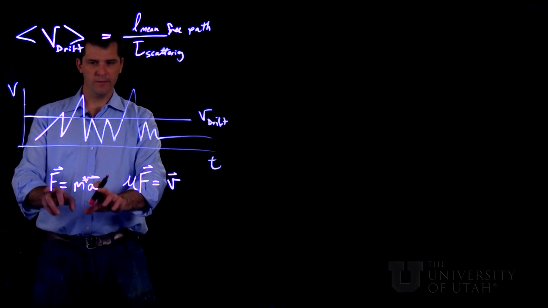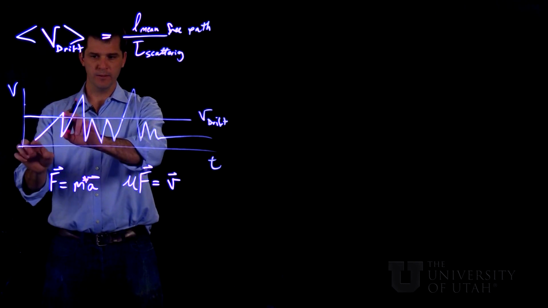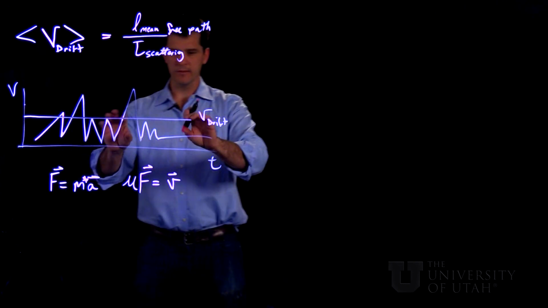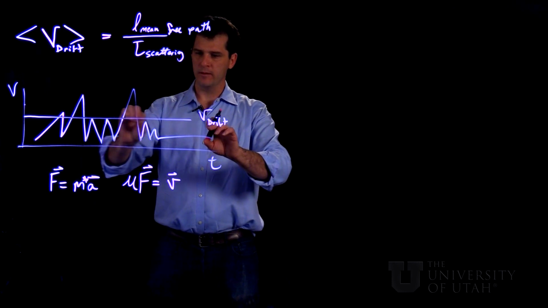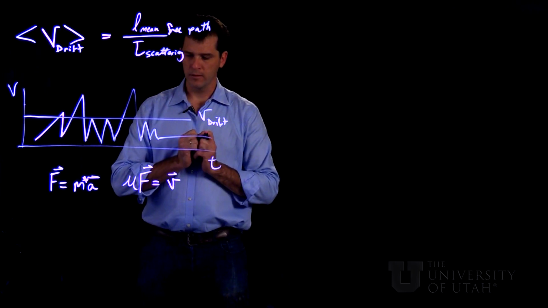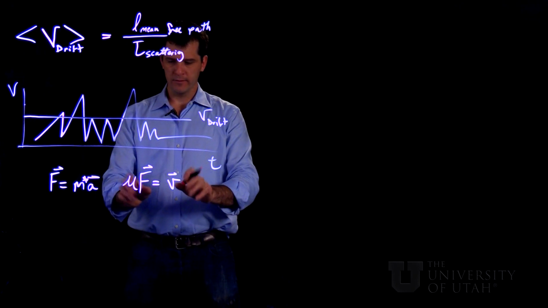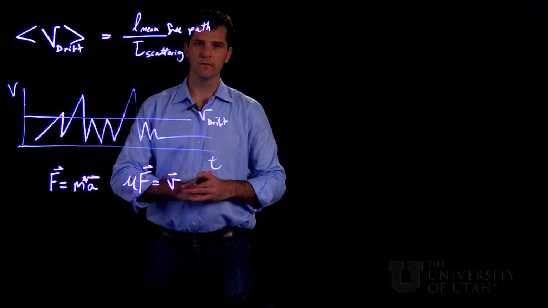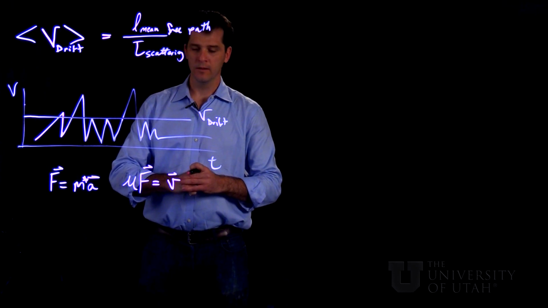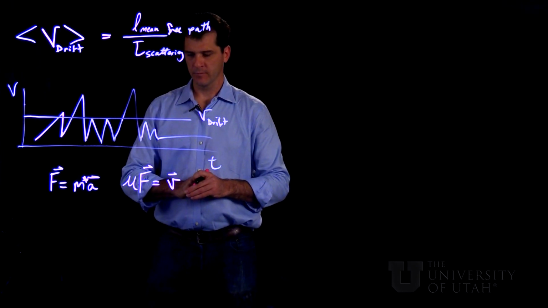But we're replacing this detailed picture with a statistically average picture, which gives you this average electron traveling through the crystal. And in this case, that average electron actually does not accelerate. Rather, it moves at a constant velocity all the time when you have an electric field applied.